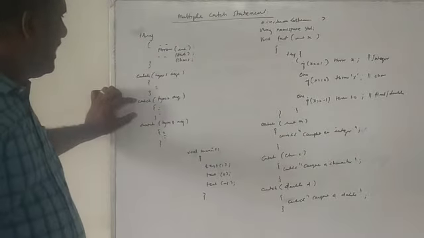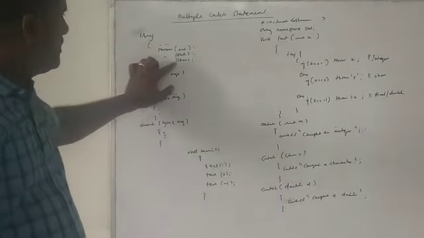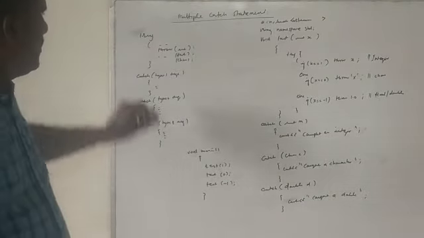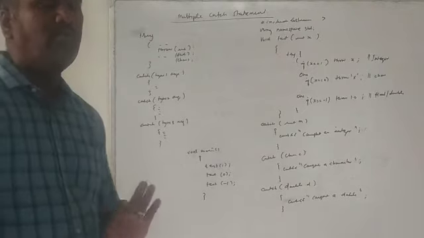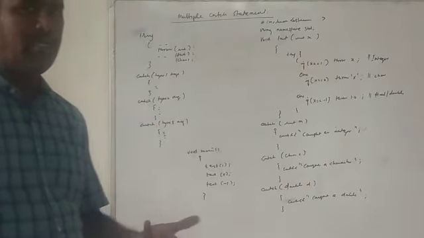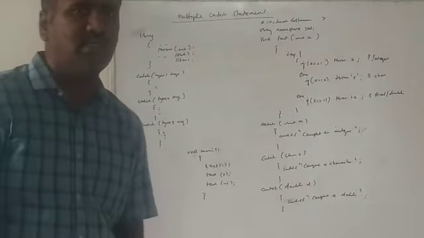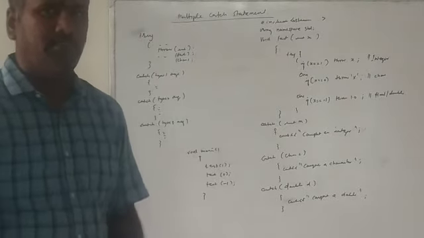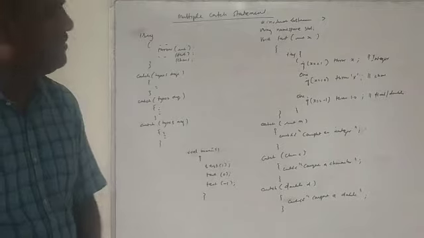Second type, catch type 2 works. Third, catch type 3 works. So here we produce three types of exceptions, and to handle them we need three types of catch statements. So this is the concept.